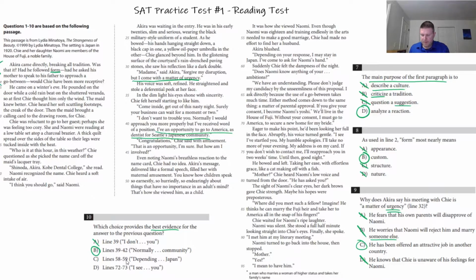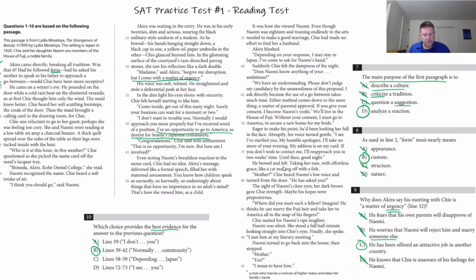But then C here, lines 58 to 59, this is definitely the next most popular answer. If you go to 58, that's right here. "Depending upon your response, I may stay in Japan. I've come to ask for Naomi's hand." This is a very attractive answer, okay? But the SAT is super direct in the way they want you to answer things. This is sort of reading between the lines, like, yeah, that's why, this is an issue, the deeper reason, but it doesn't illustrate why it's urgent in the first place.